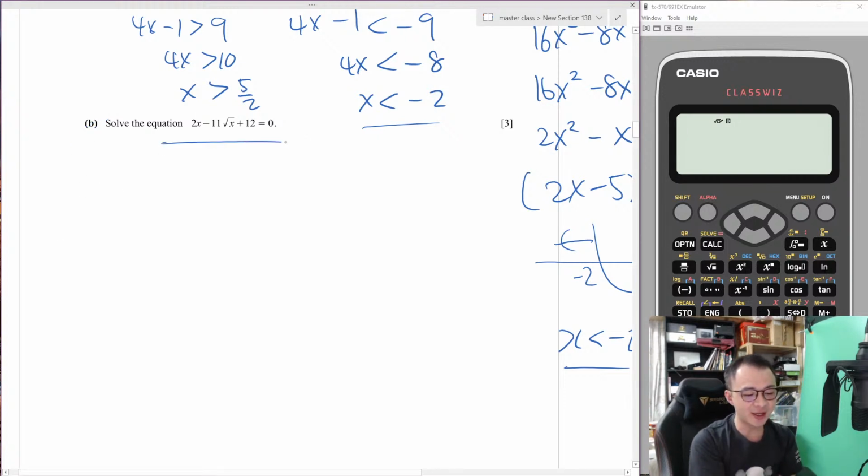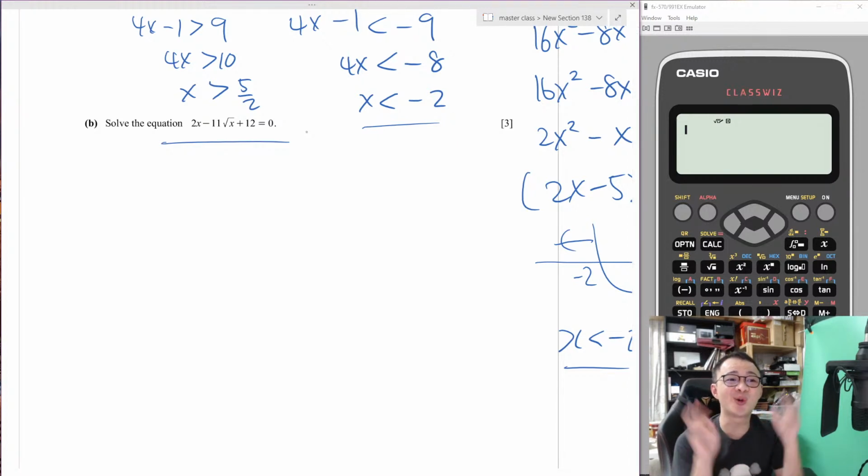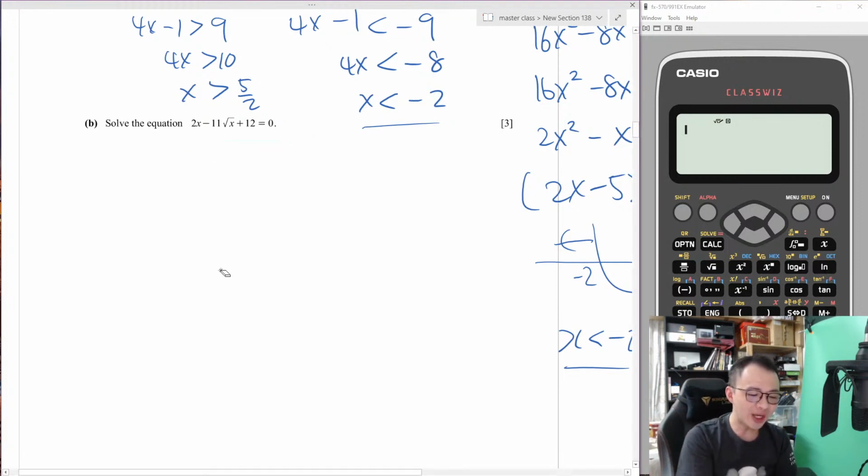But anyway, let's solve this quadratic equation. This quadratic equation is not so quadratic because you don't see any x squared. In order to solve it, either I can factorize, or if I can't factorize, I need to do it manually.